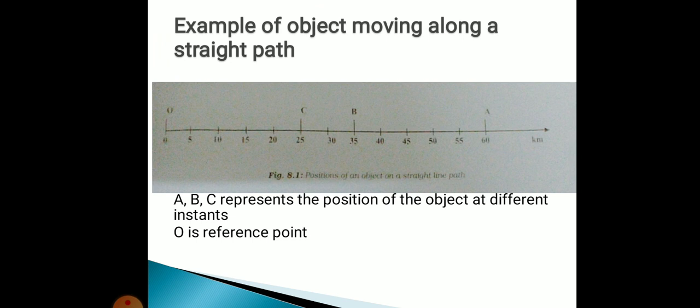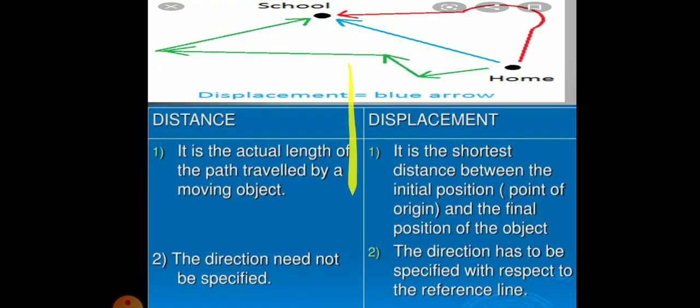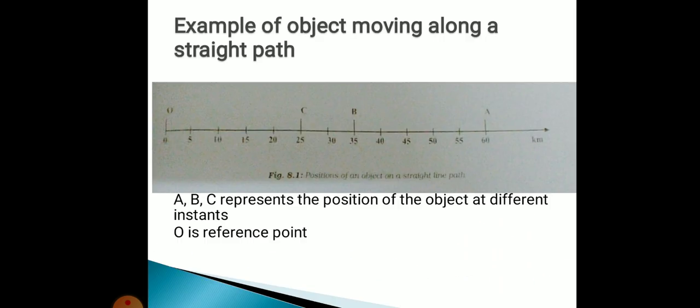The object starts its journey from O, which is treated as its reference point, whereas A, B, C represent the position of the object at different instances.